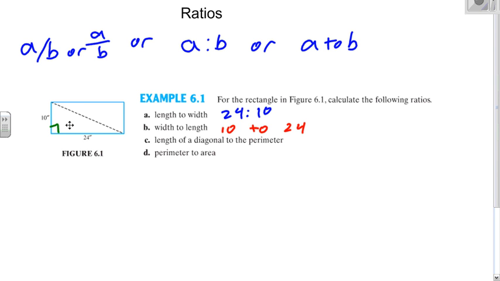So I recognize that as a Pythagorean triple. It's a 5, 12, 13, but everything's doubled, so the diagonal is going to be 26. You could just do Pythagorean theorem, 10 squared plus 24 squared equals diagonal squared. So the length of the diagonal is 26.